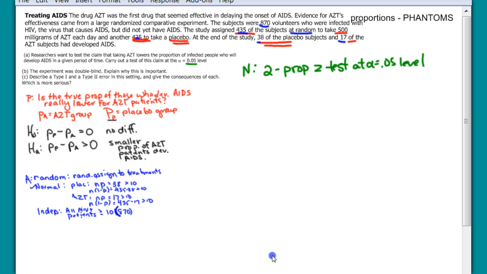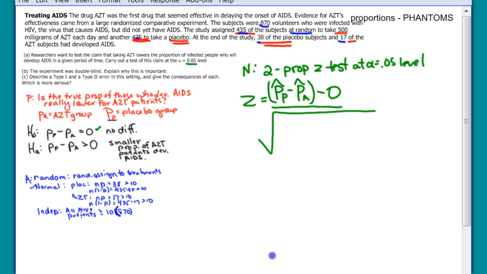Our z formula for that, we'll take the sample proportion of the placebo group who developed AIDS, minus the proportion of the AZT group that developed AIDS, subtract 0 because that's what our H0 says, divide by, oh, do you remember this now?